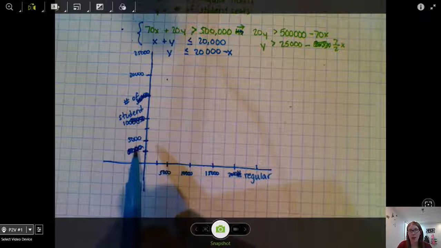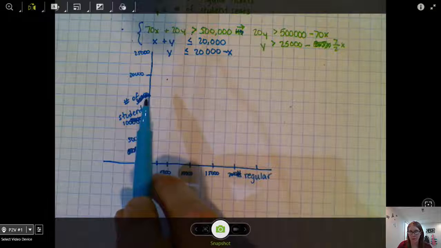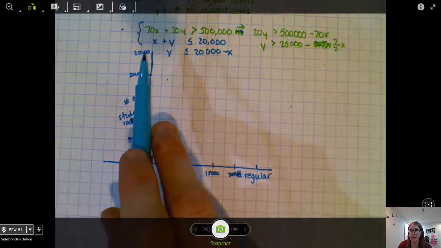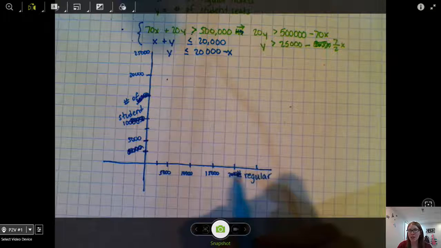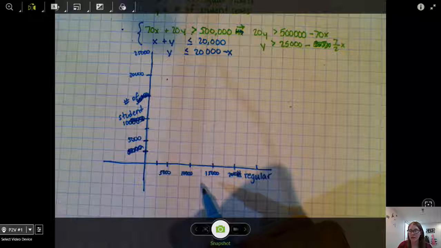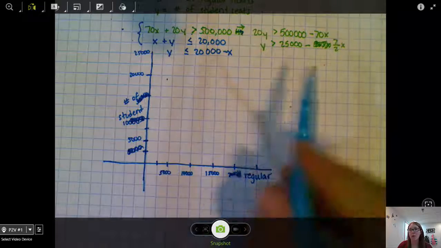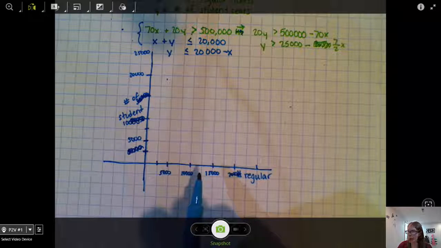So now I go up, this is 5,000, up more is 10,000, 15,000, 20,000, 25,000. So there's a little bit of messiness going on here, but we want to be consistent with our x-axis, especially because as we count out slope, if we weren't consistent, then our inequality is going to look totally wrong.